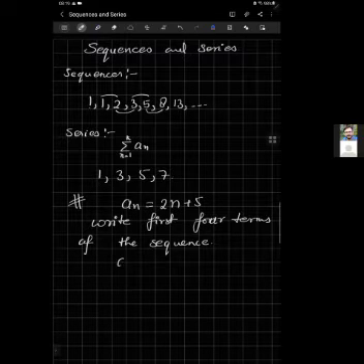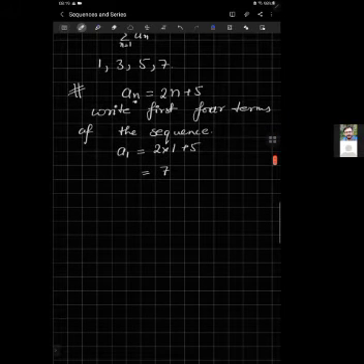So A1, when you will put n as 1, that will be said as the first term. So it will be 2 into 1 plus 5. So it will be 7. Now we are going to put A2. This will be the second term. So 2 into, in place of n, we will be going to put 2, plus 5.